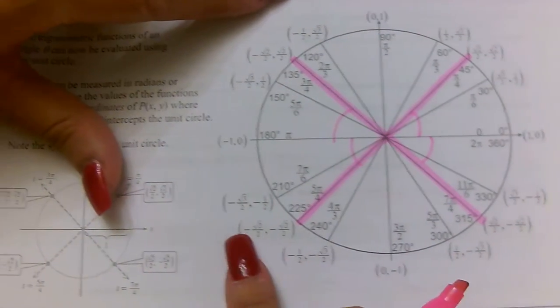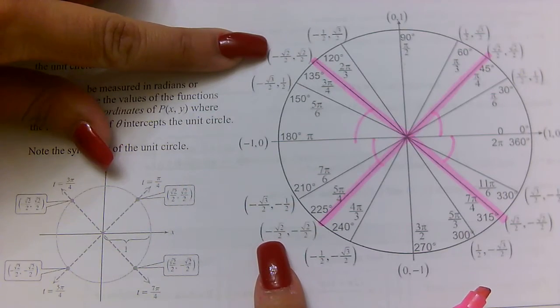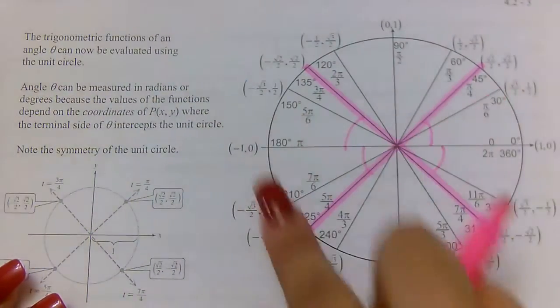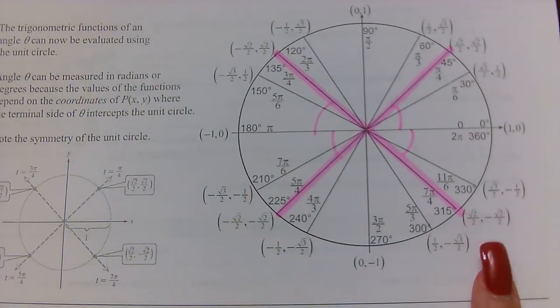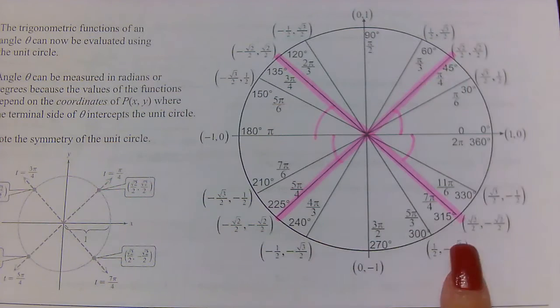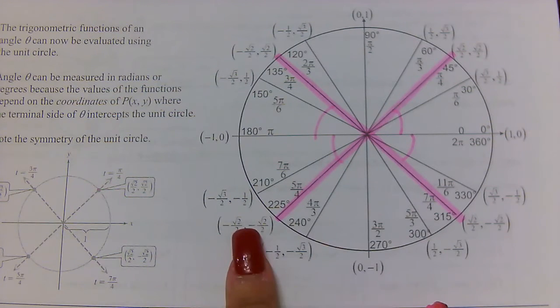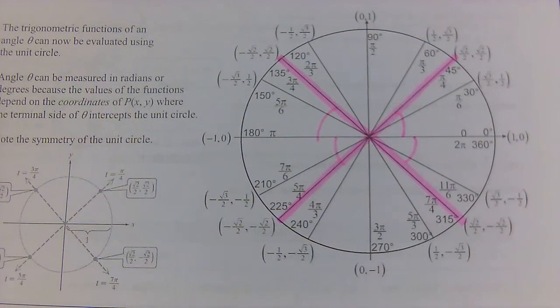If we go on to the other side, our x's on these 2 quadrants are negative. This is going to be really helpful when we're starting to talk about sine or cosine. Remember, cosine is our x. Cosine will be positive in 2 quadrants. Sine is going to be negative in 2 quadrants because those are our y's. Okay, so that's going to be really helpful and important later on.